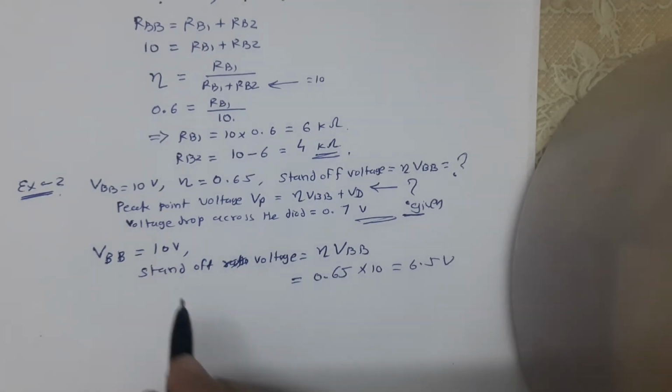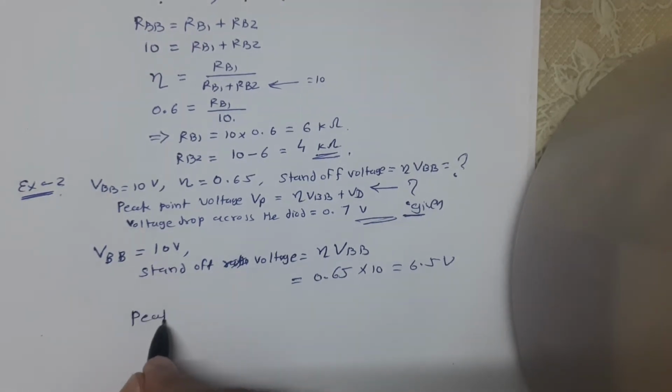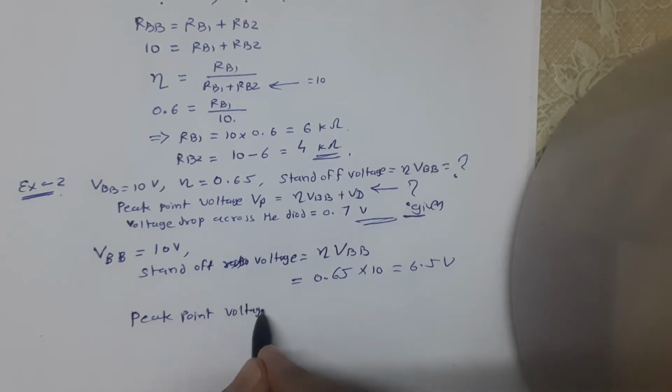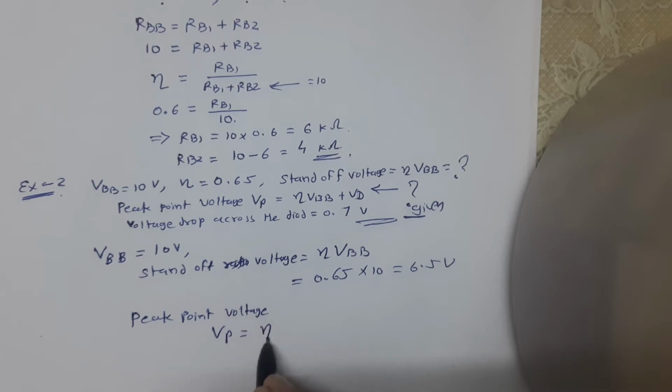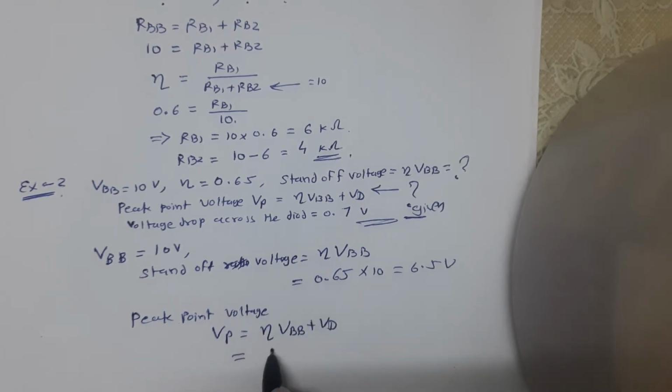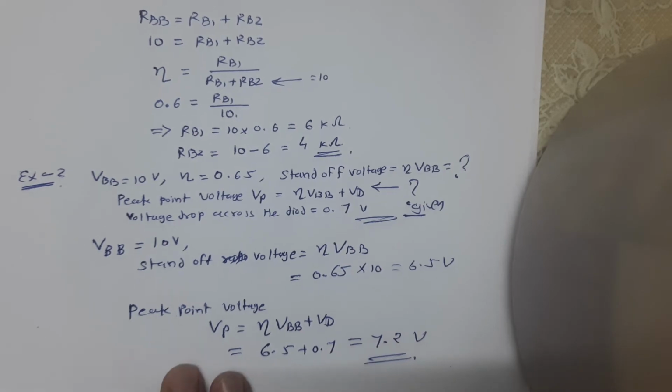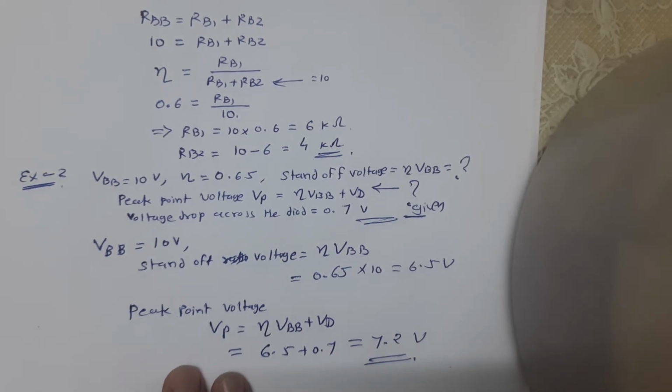Same way, the peak point voltage Vp is equal to eta VBB plus Vd, this is equal to 6.5 plus 0.7, and this is equal to 7.2 volt. This is the answer.